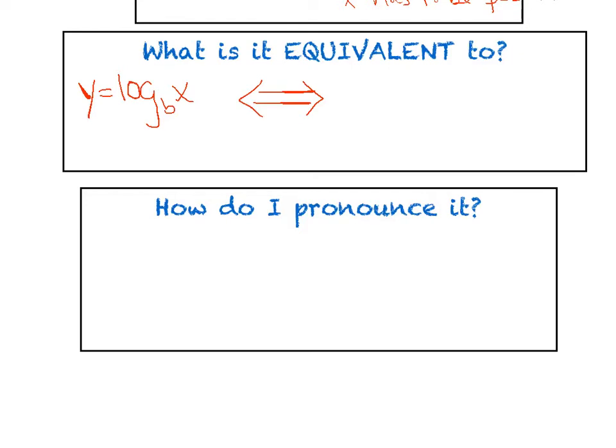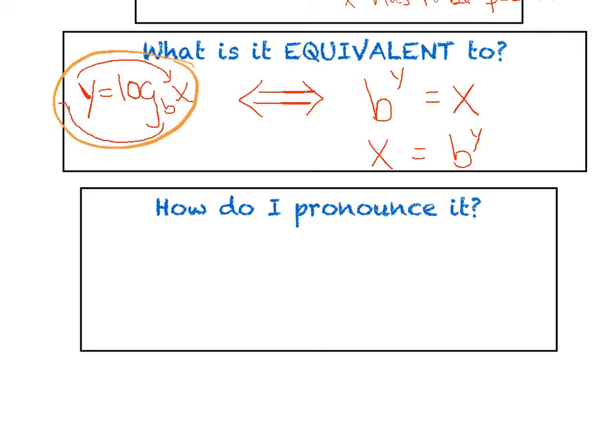Do you remember how we used to go kind of around the world here? We're going to say b raised to the y power equals x. And of course, we could just turn that around and say x equals b raised to the y power. But what we have here is these two expressions are equivalent to each other.